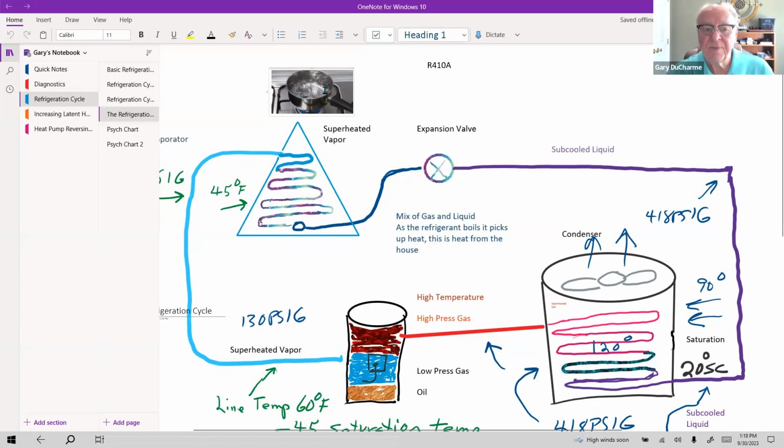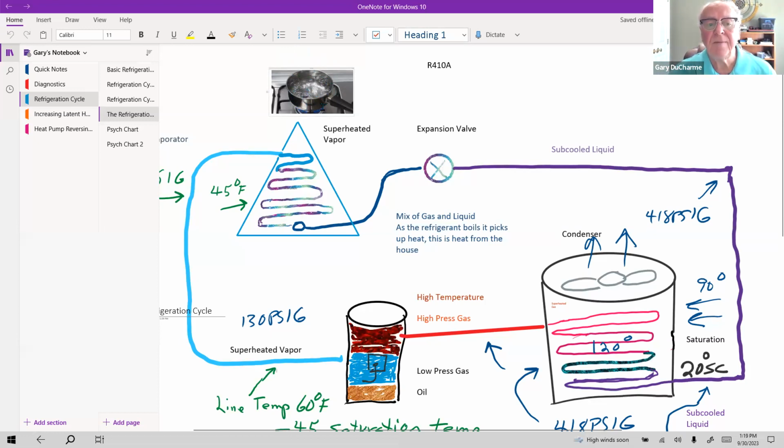212 degrees. So we have manipulated this water to boil, and the vapor coming off the top of this pan is actually warmer than the water. The water will stay at 212 degrees because it's at a certain pressure, atmospheric pressure, 14.7 pounds per square inch.